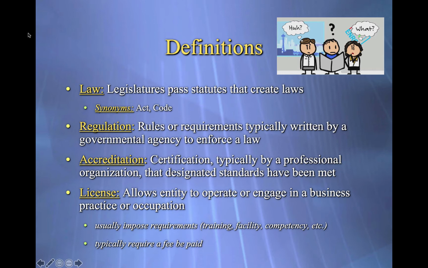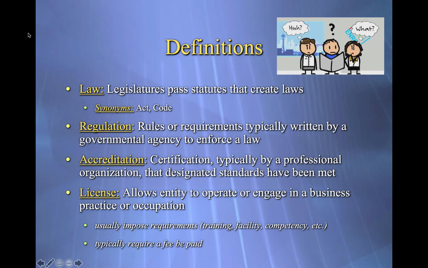Accreditation means certification. Typically this is going to be by some kind of professional organization, and it's a way to make sure that designated standards have been met by the accredited entity. A license is something that is done on a state or a local level, and that allows an entity to operate or engage in a business practice or occupation.